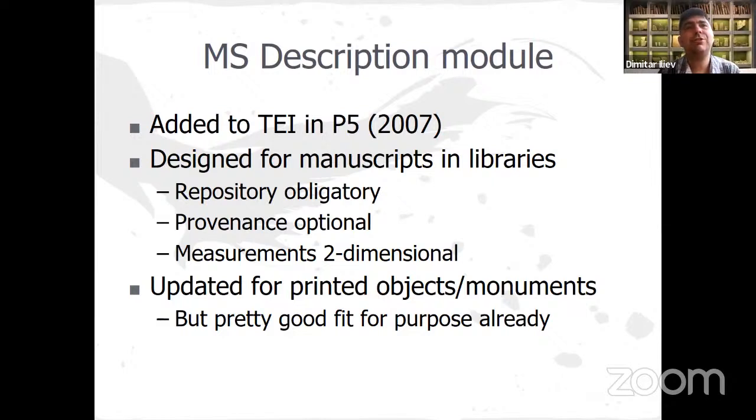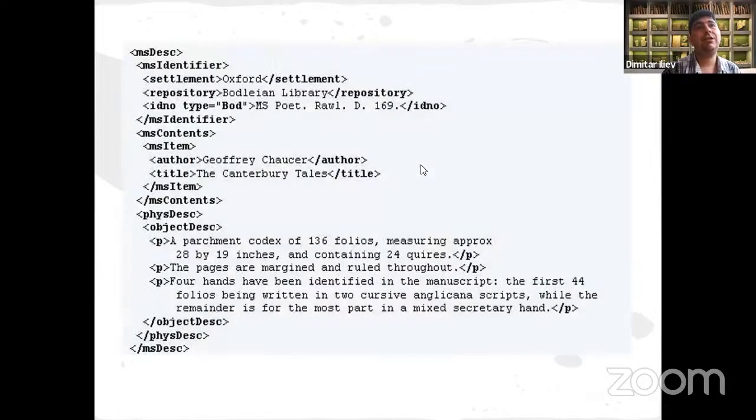The provenance was optional, and the measurements were two-dimensional. In EpiDoc, as a subset of TEI, a subset quite often has some stricter rules, some stricter obligations for how to encode things. The provenance is not optional. And of course, the measurements are mostly three-dimensional, not two-dimensional.